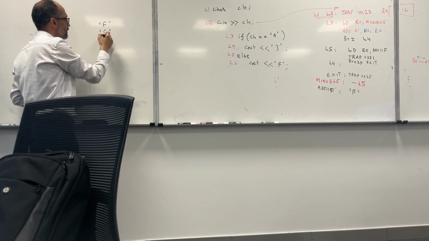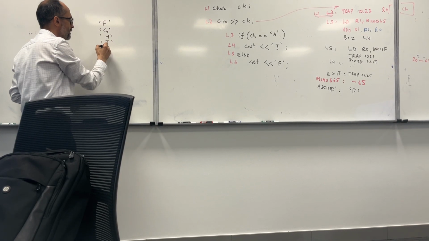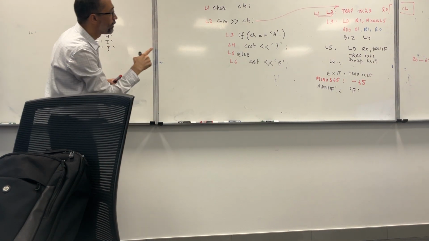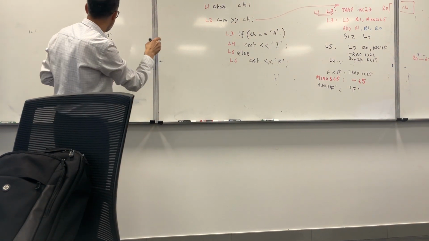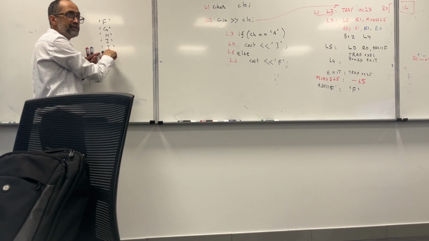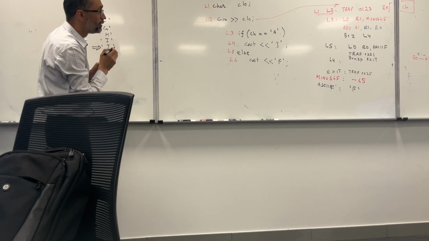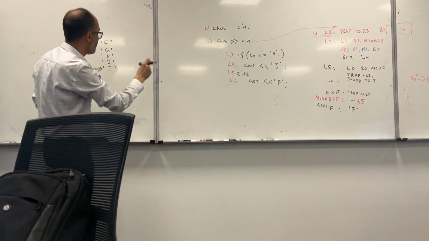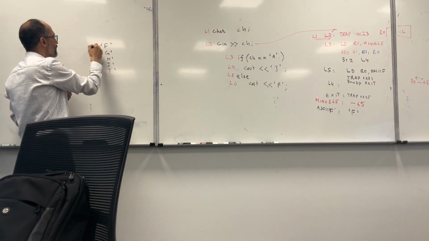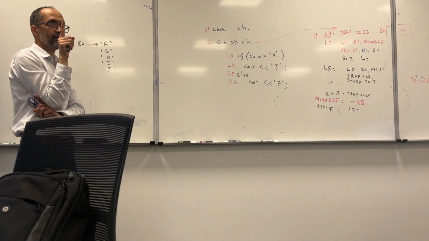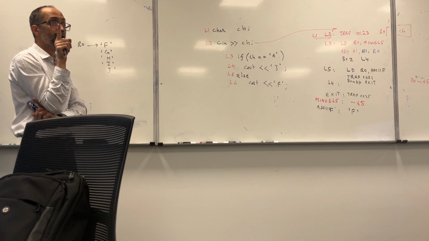G, H, I, J. Okay, J. F is now stored where? R0. F is now stored in R0.